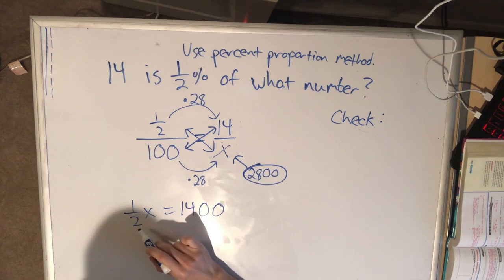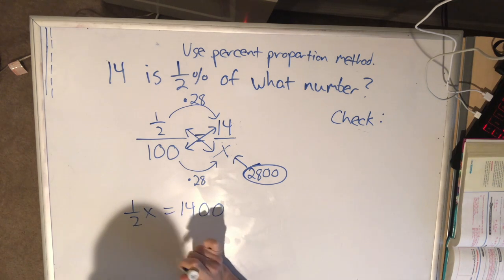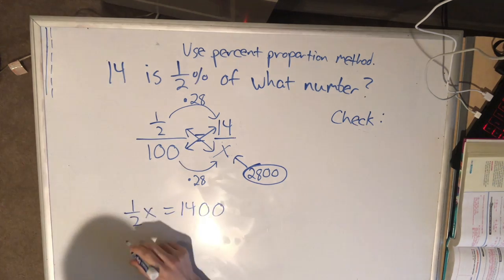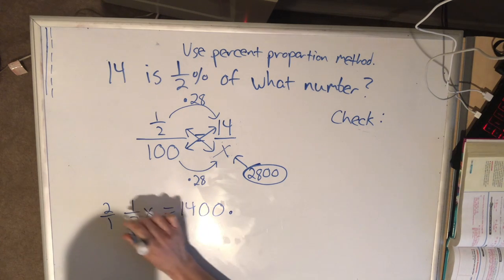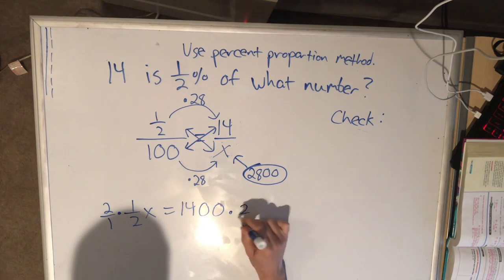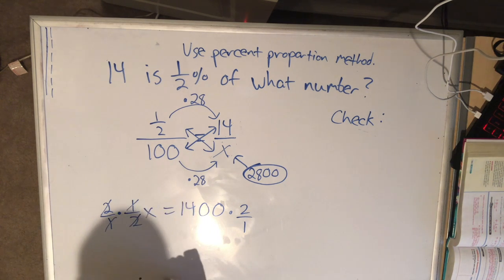And then to get rid of a fraction that's multiplying a variable, multiply both sides by the reciprocal of the fraction flipped upside down. So that's 2 over 1 on each side. Cancel out 2 on top with 2 on the bottom, 1 on top with 1 on the bottom.